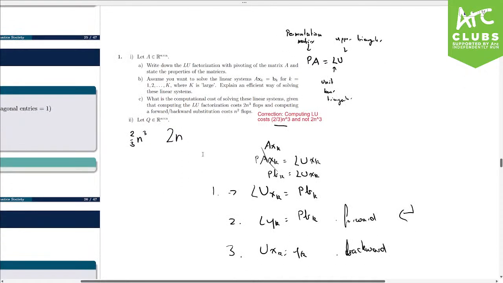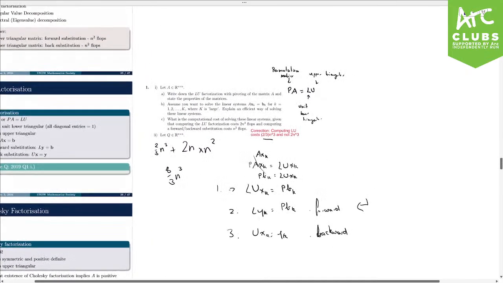So it will be 2n times n squared flops in total for these substitutions. And then we add those together and we get 8 over 3 n cubed. Let me check with the answers just to make sure that's actually right.